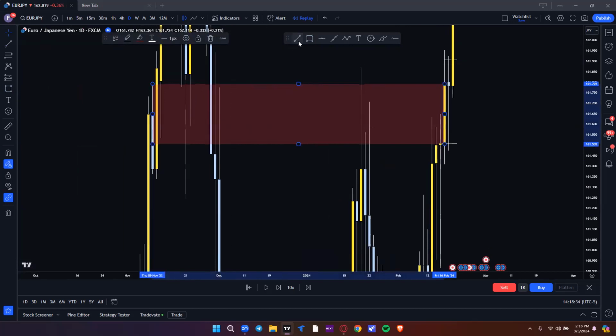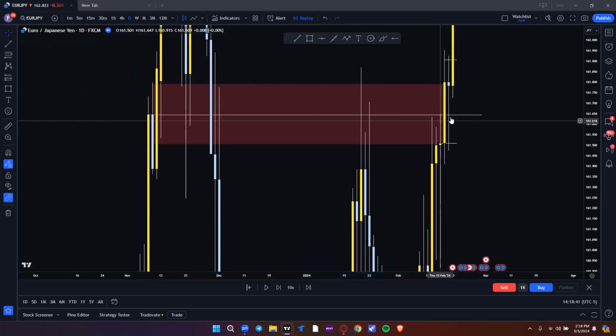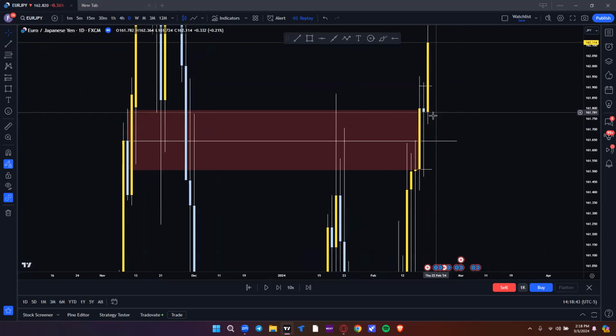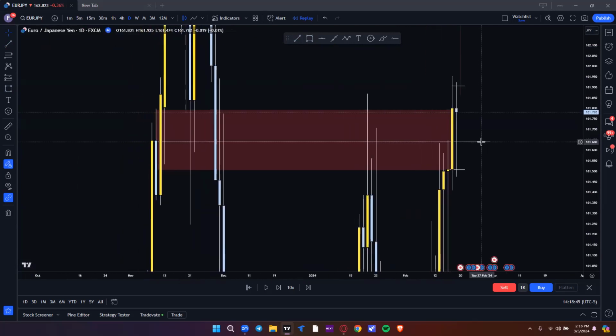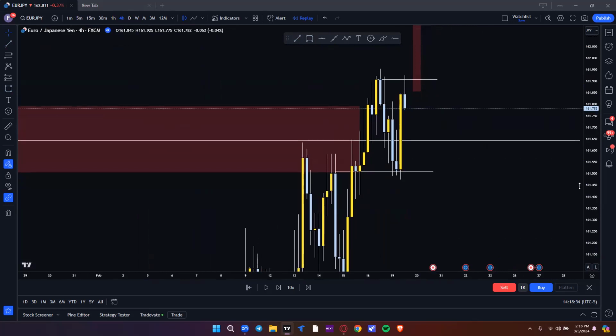Closed above this level here. So these are our source and this is our breakout level, and we want to see price retest either of them. So this retest on H4, let's see what it looks like.